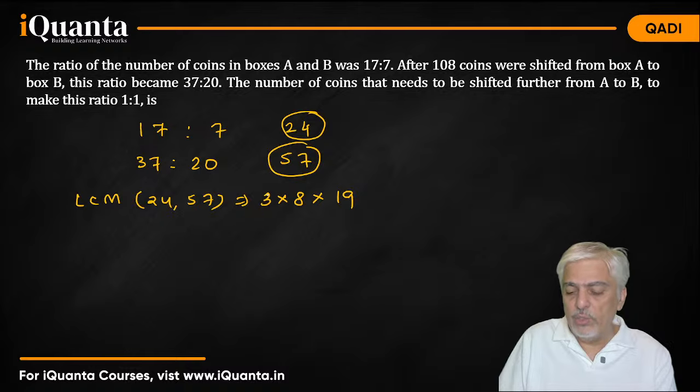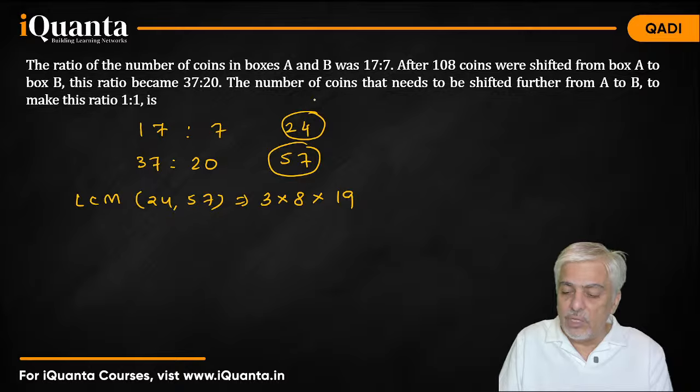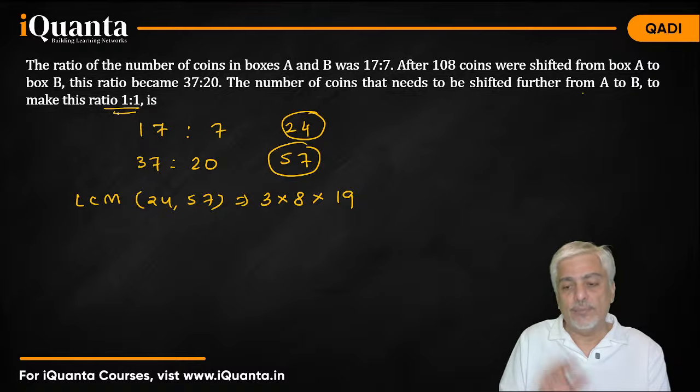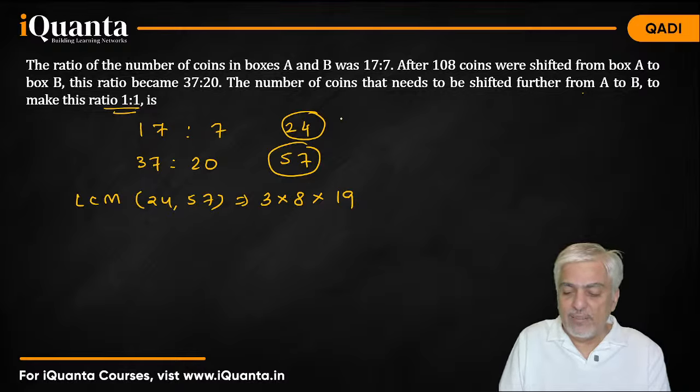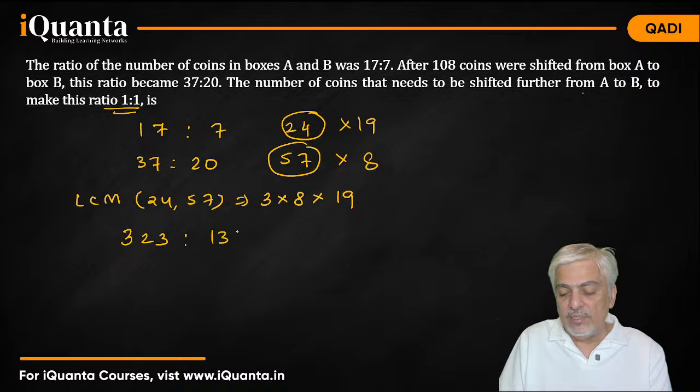So we are going to take the total number of coins as 456 and start. And now listen. We need the number of coins that need to be shifted further from A to B to make this ratio 1:1. If I start with 456, I'm multiplying everything here by 19 and here by 8. So 17 19s gives 323 coins here and 133 coins here.